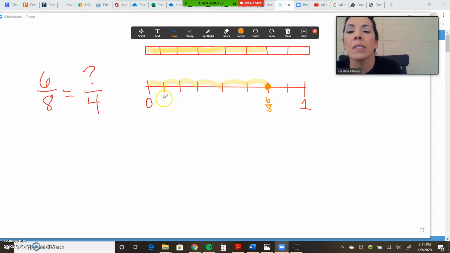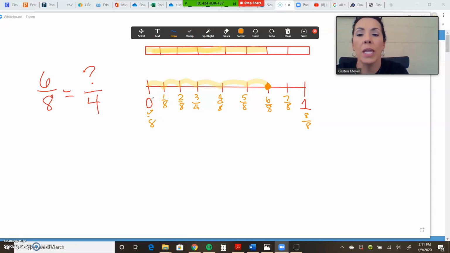Let's see if that makes sense. That would be 1/8, 2/8, 3/8, 4/8, 5/8, 6/8, 7/8, and then we know we'd have 8/8. All right, so we have our eighths right here.